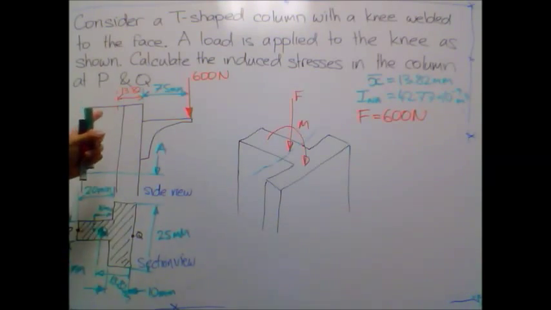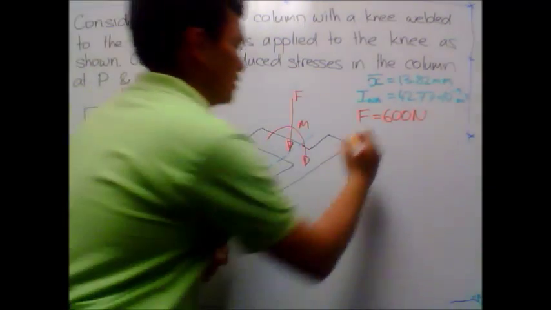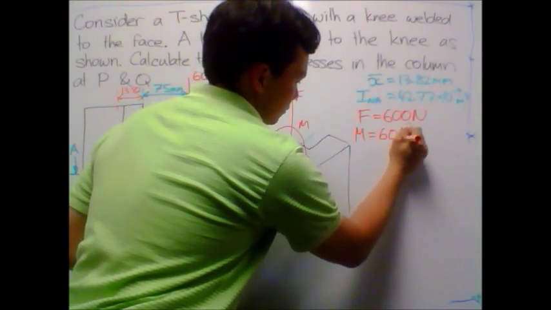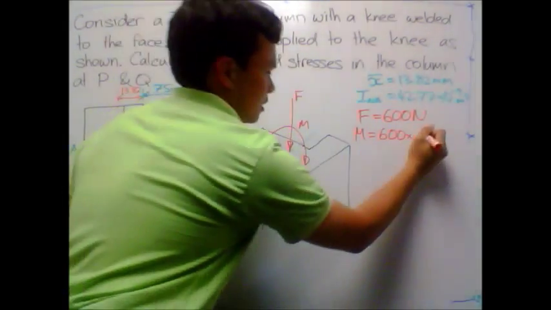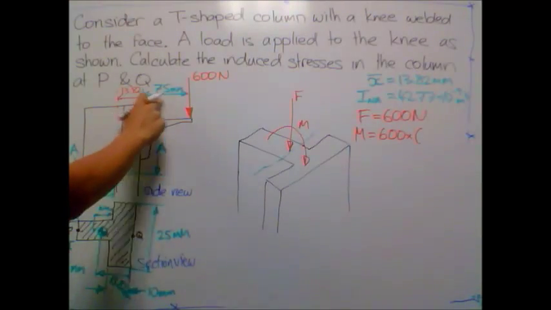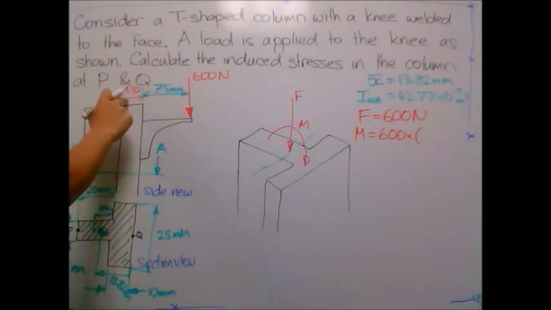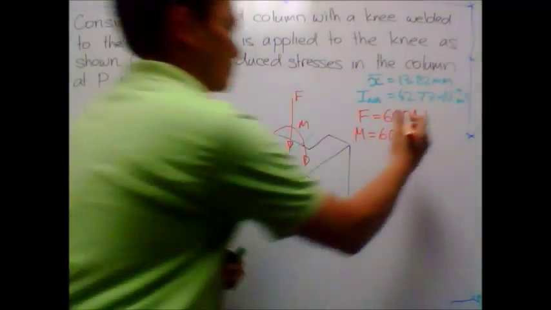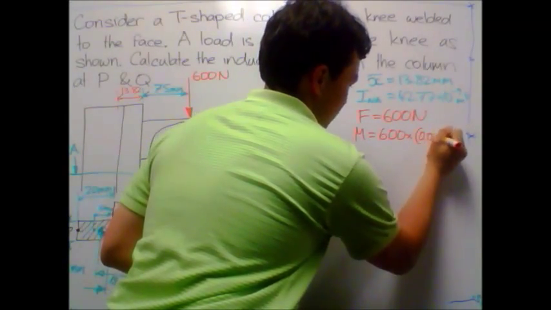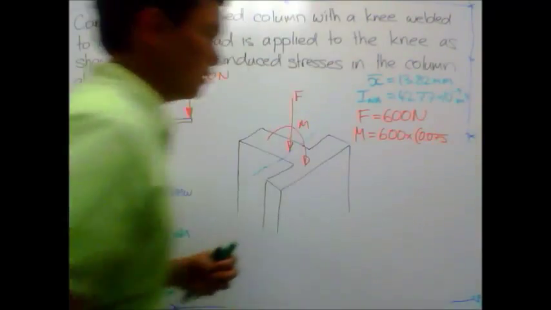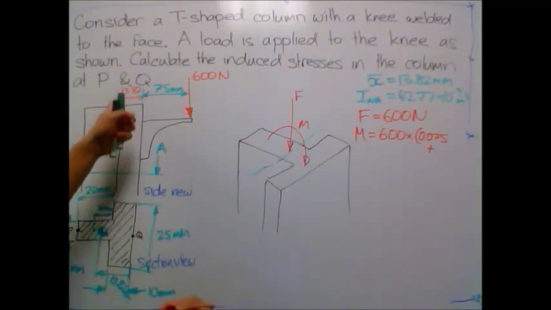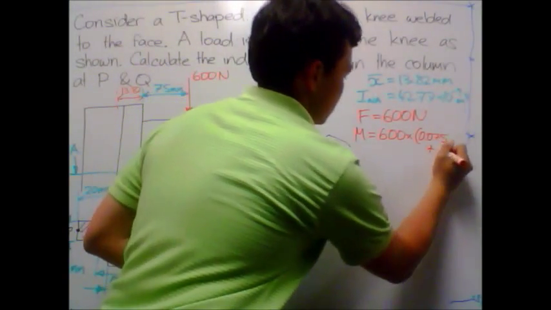So my total moment will be M equal to the 600 Newton force times the distance of 75 millimeters plus 13.82 millimeters.